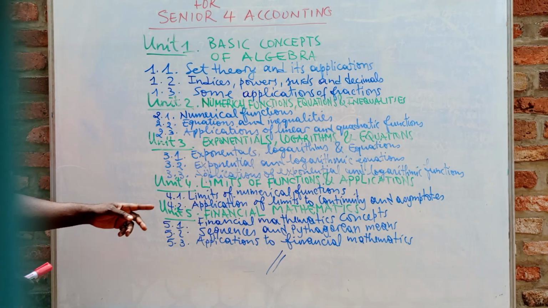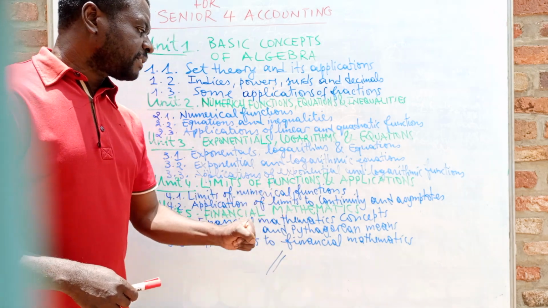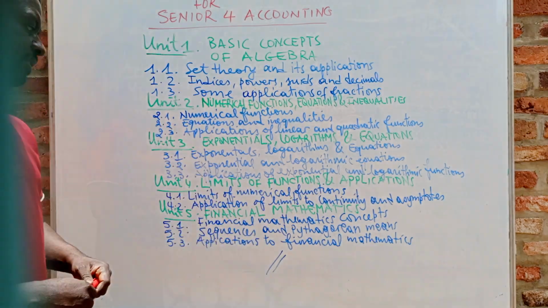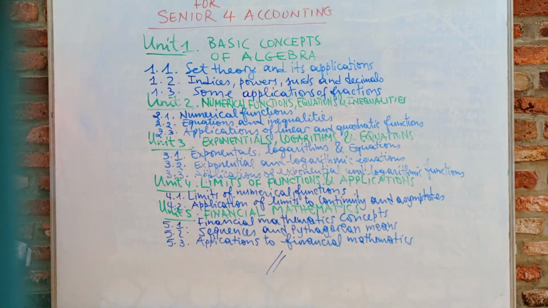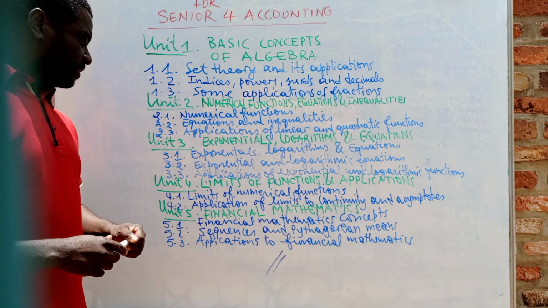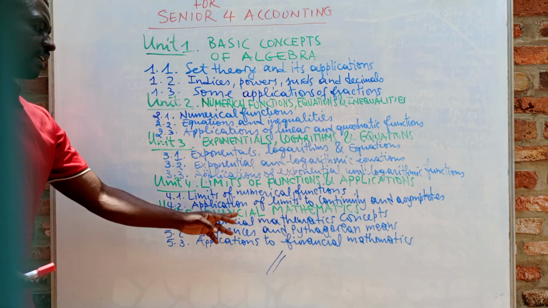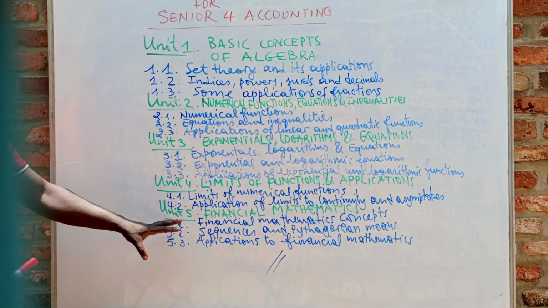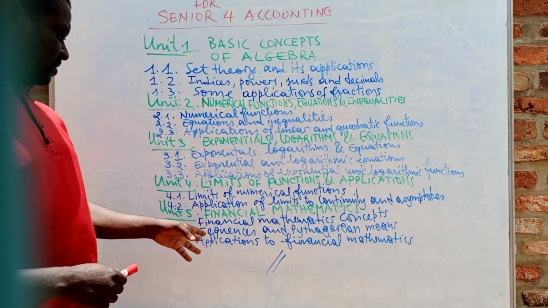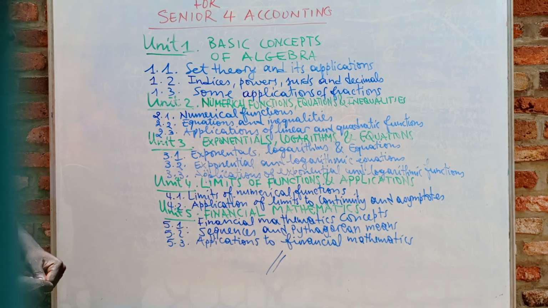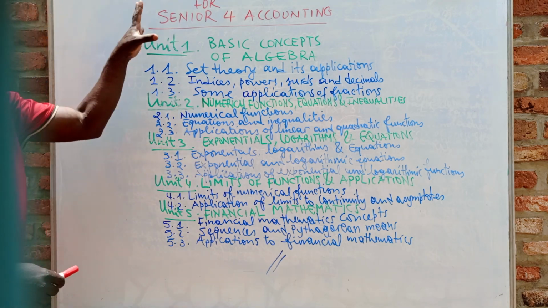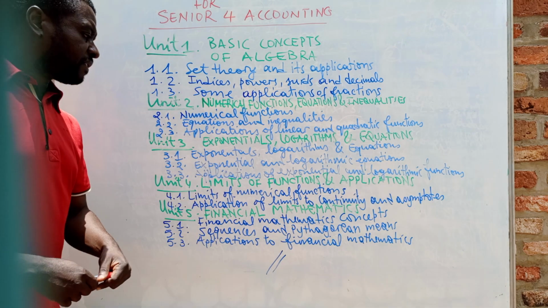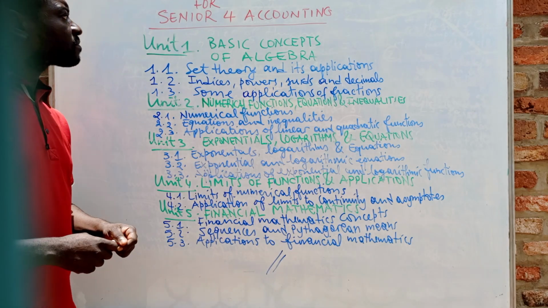So number 4, limits of functions and applications. And the last unit, but not the least, is financial mathematics. In fact, the last unit is about application of mathematics in financial mathematics.